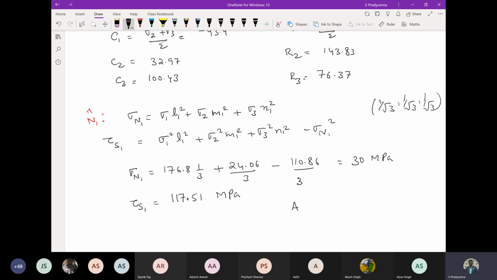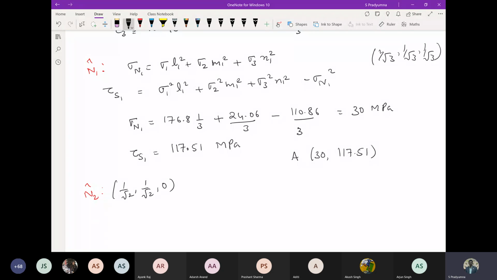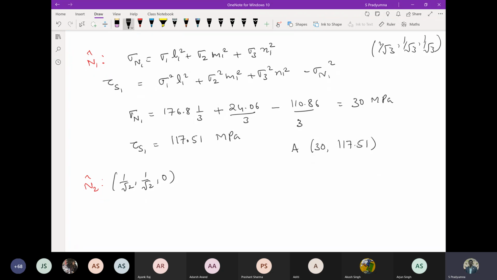So therefore, point A, corresponding to sigma N1 and tau S1, has the coordinates 30 and 117.51 megapascal. Similarly, I can carry out the same thing for N2, that is 1 by root 2, 1 by root 2, 0. These are the L2, M2, N2 values.